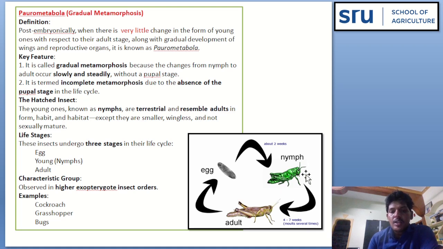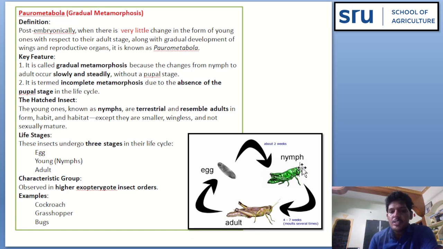It's called gradual metamorphosis because the changes from nymph to adult occur slowly and steadily without a pupal stage. It is also termed incomplete metamorphosis due to the absence of the pupal stage in the life cycle.